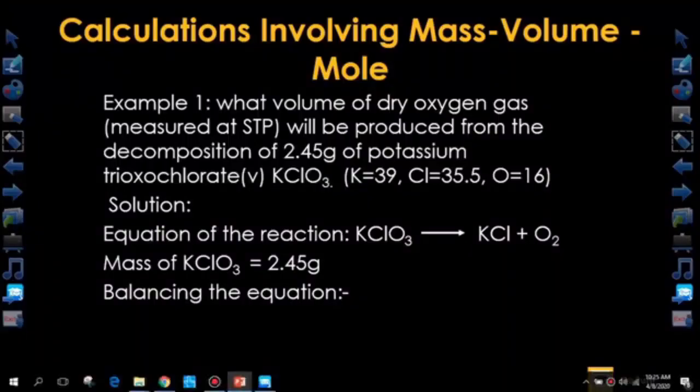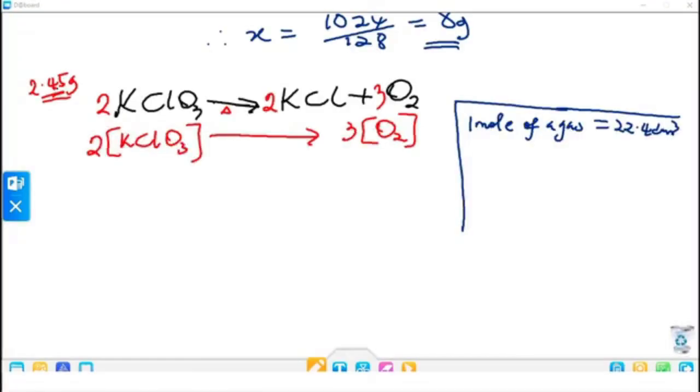Our question says, what volume of dry oxygen gas will be produced when 2.45 grams of potassium chlorate is decomposed? From the equation, we need to understand how much volume of oxygen is produced from what we have in potassium chlorate. Then we can relate it to, if we have 2.45 grams of potassium chlorate, what volume of oxygen gas will it give us? So from the balanced equation, 2 moles of potassium chlorate produce 3 moles of oxygen gas.